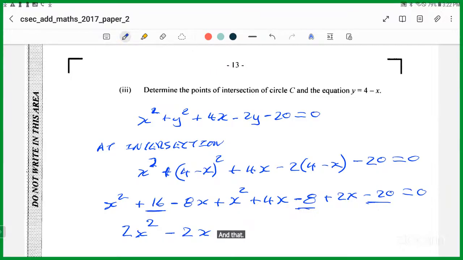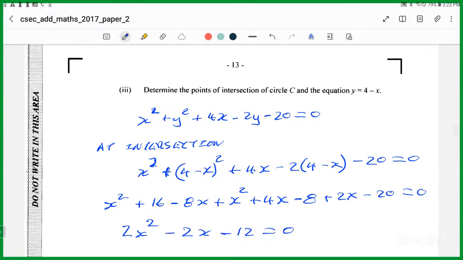Alright, so that's 16 minus 8. 16 minus 8 is 8. And then 8 minus 20 is negative 12. That's negative 12 equals 0. That's the numbers give us that, right?